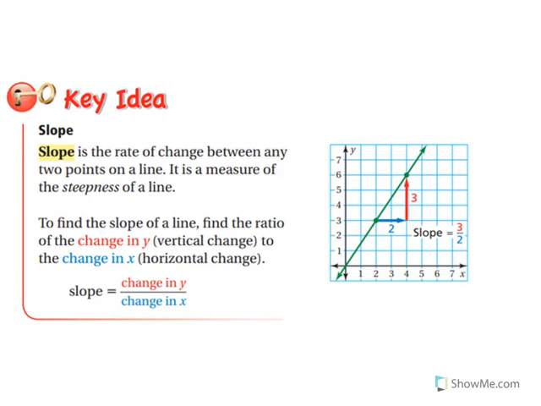How steep the line is is called the slope. And we can find out how steep it is by looking at its rise over run. The rise over run means how much does it change moving up compared to moving over.